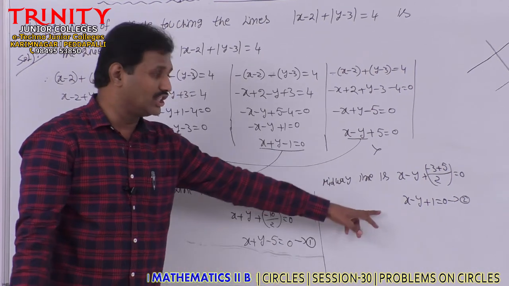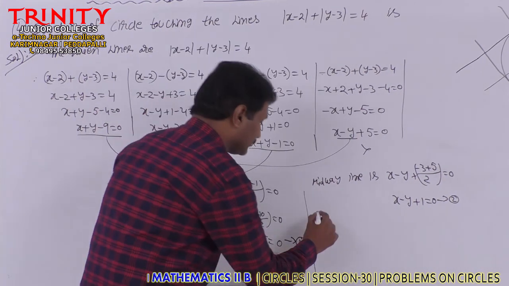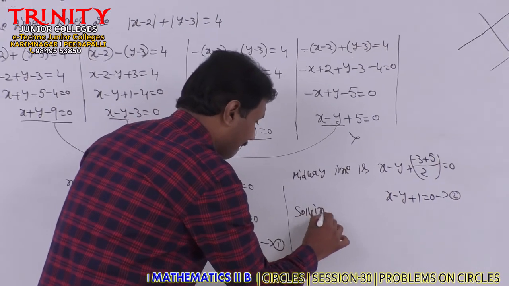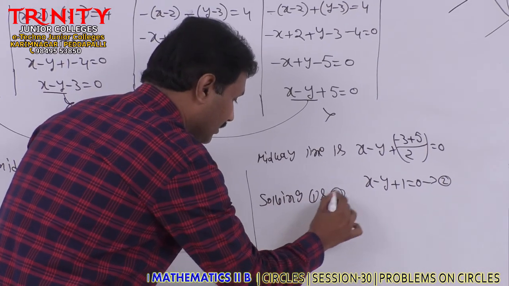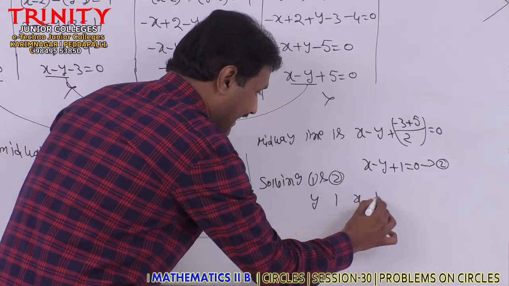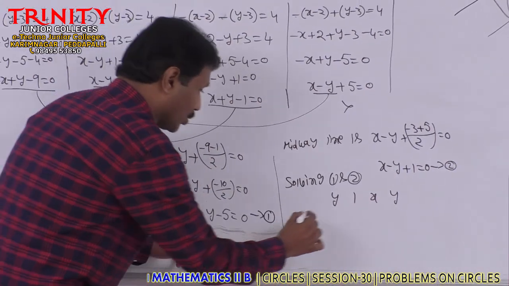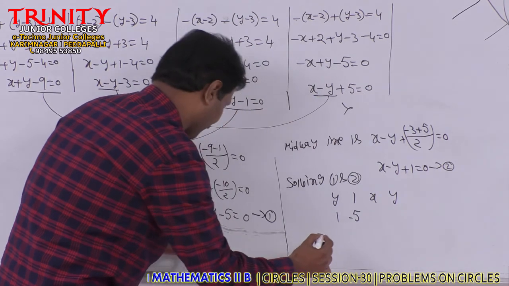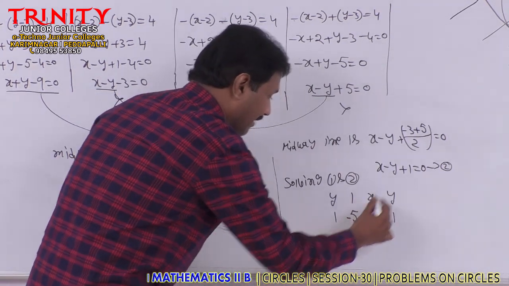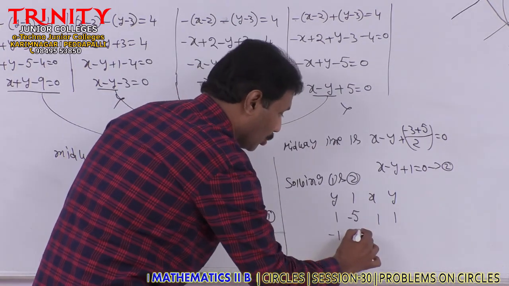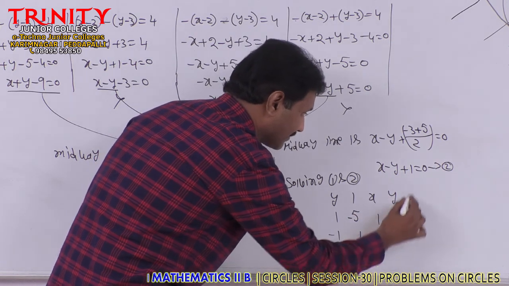Then we solve these 2 lines. Solving 1 and 2. x coefficient, y coefficient, constant. Here the coefficients are 1, minus 5, 1, 1. Here they are minus 1, 1, 1, minus 1.